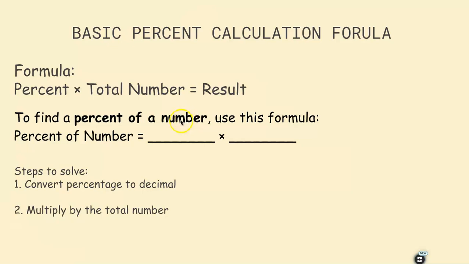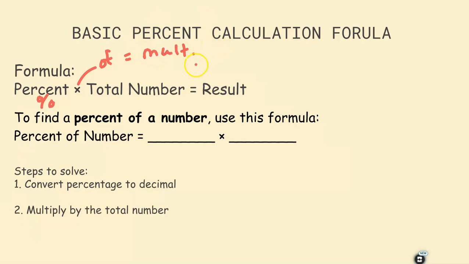The basic percent calculation formula. You're going to pretty much take the percent times the total number, and that equals a result. So do remember that this is the percent key. This might say "of." Of equals multiplication.